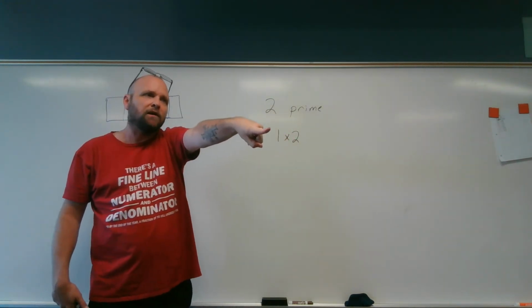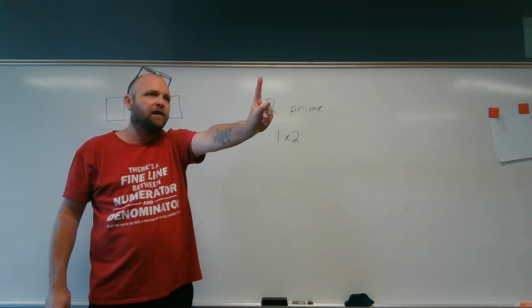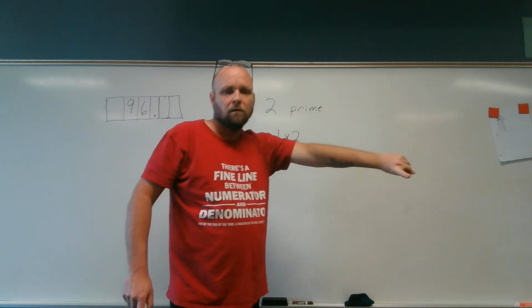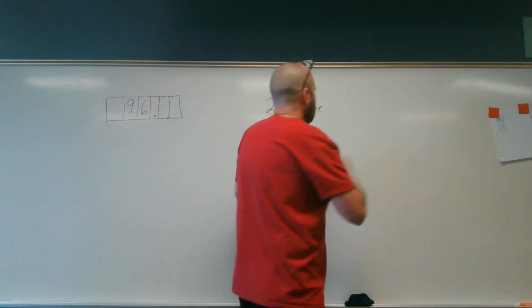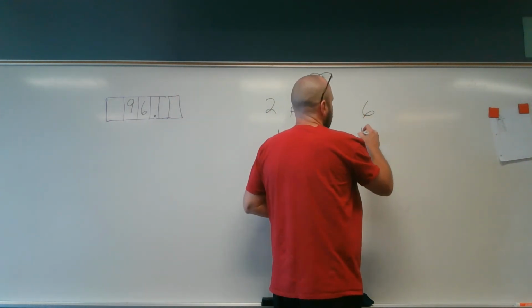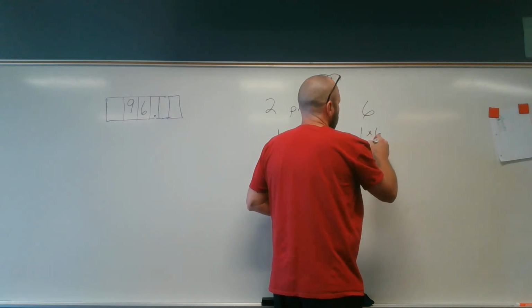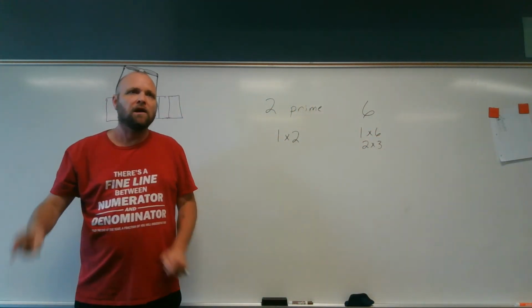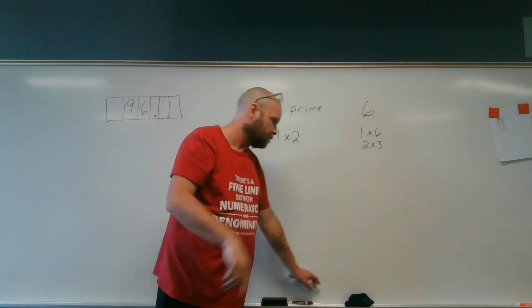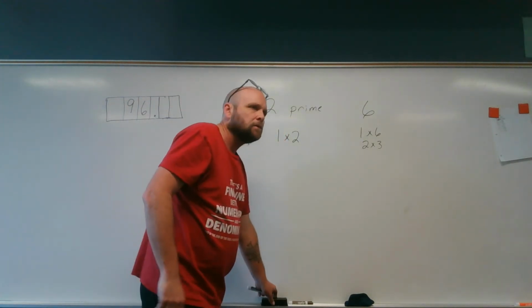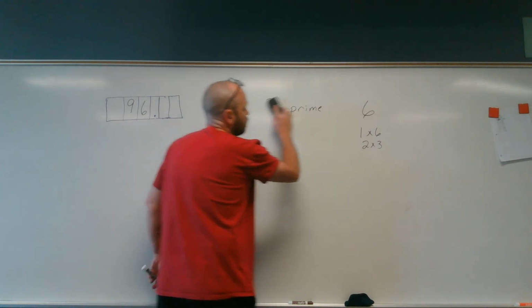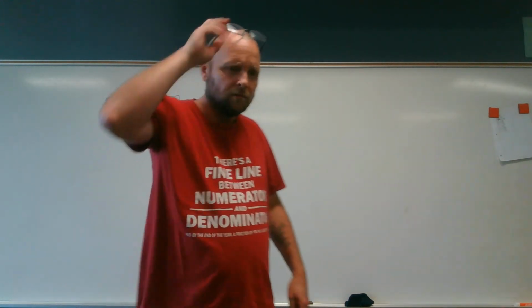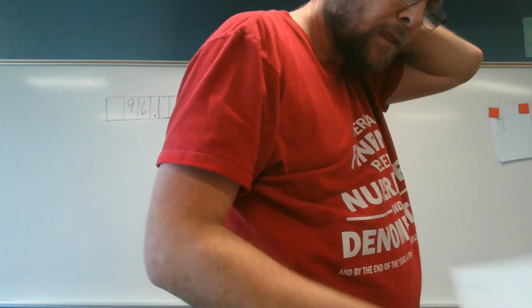That's why the number 1 is not prime, because it only has 1 factor, 1. Composite, like the number 6, is composite because I can do 1 times 6 or 2 times 3. It has 4 factors. Prime numbers only have 2, 1 and itself. The 1 is a weird one. It's the loneliest number, from what I've heard.